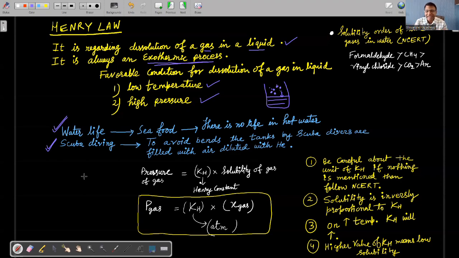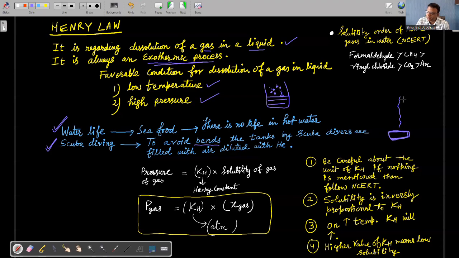So if we increase the pressure, what will happen? The dissolution of gas will increase. So we have to maintain that a proper amount of oxygen dissolves, and not extra unwanted things, right? In scuba diving, to avoid bends: when we are inside the sea, the dissolution of gases in our body will be more.